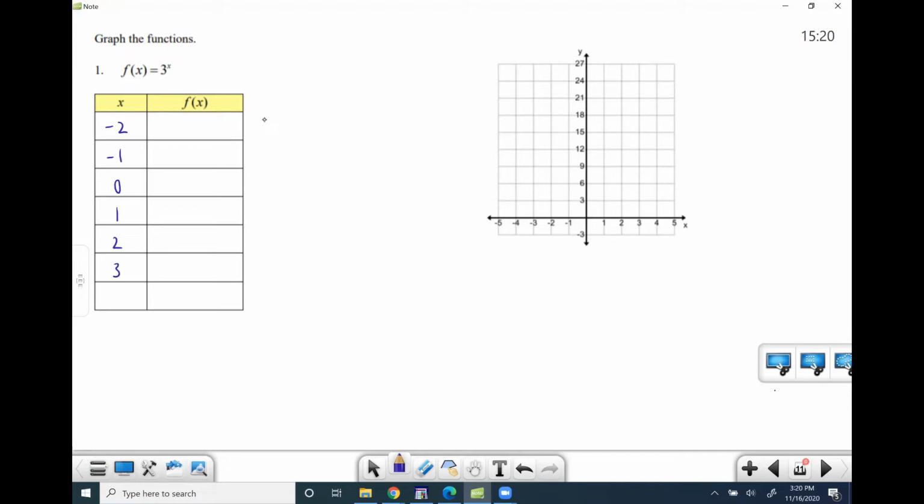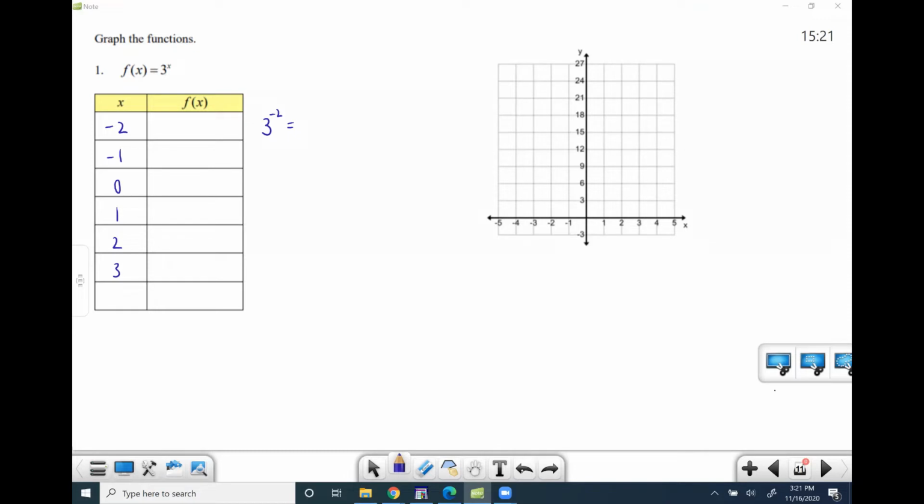So what does 3 to the negative second power mean? How do I rewrite that? What does a negative exponent do? Nobody remembers?